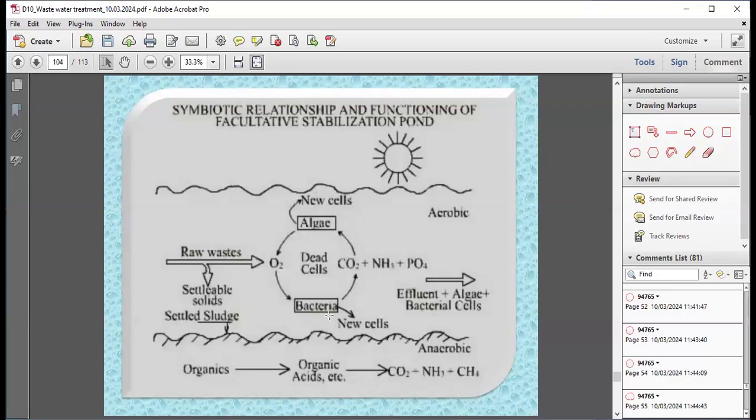These are the schematic process. Simply you can understand this one, right? The raw waste, the settleable solids, soluble organics, organic acids plus NH3, right? This is the effluent with algal bacterial cells, right?